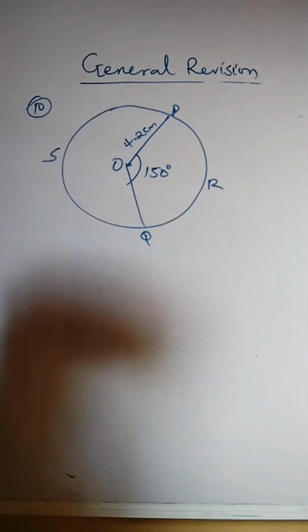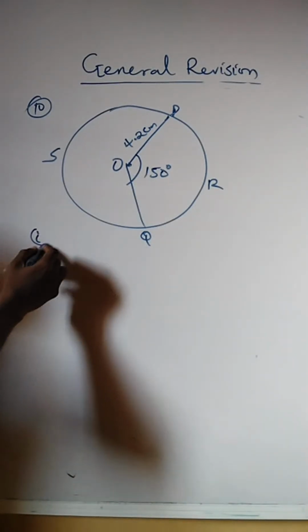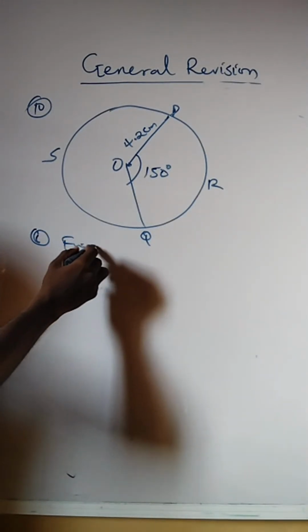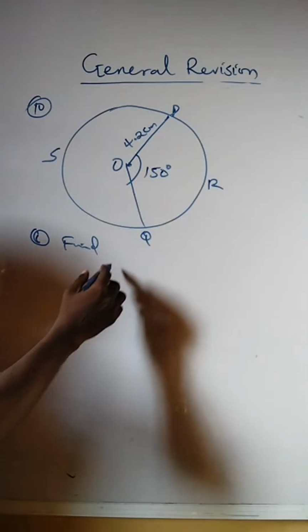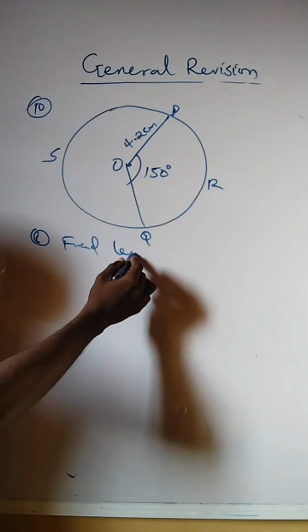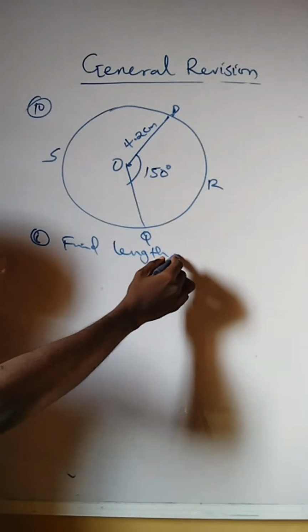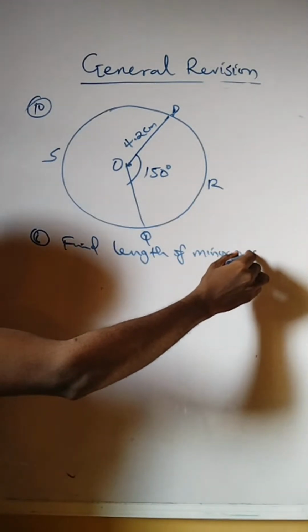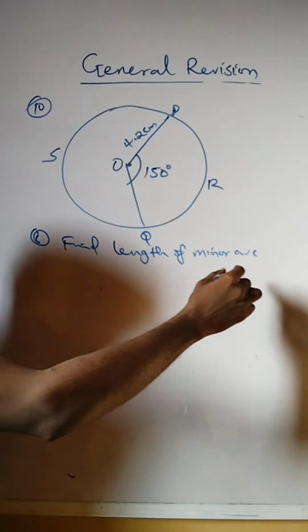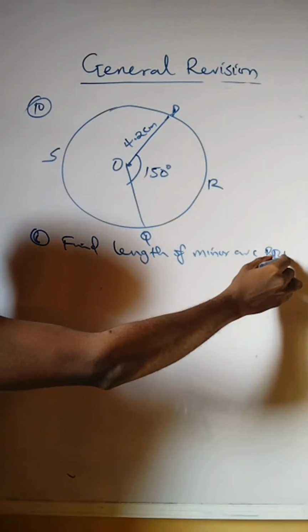The first question here: we have to find the length of the minor arc PRQ.